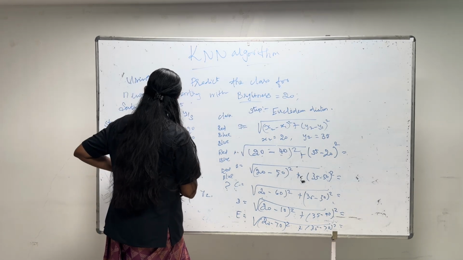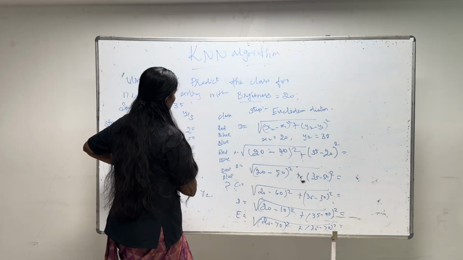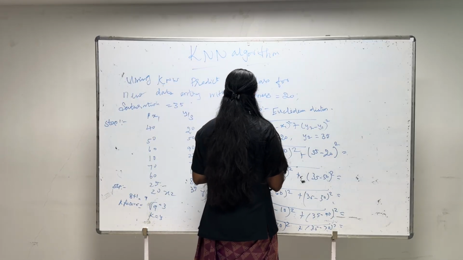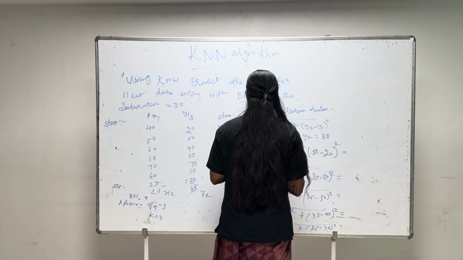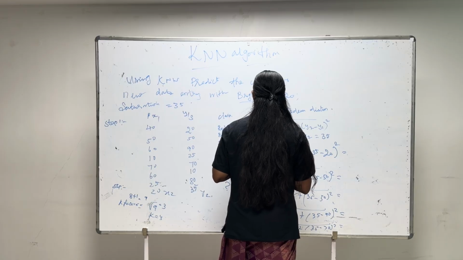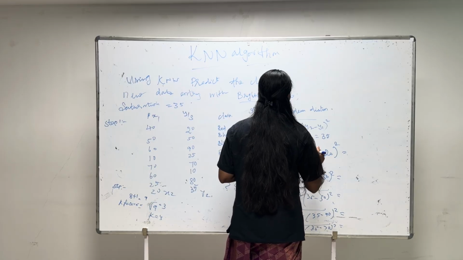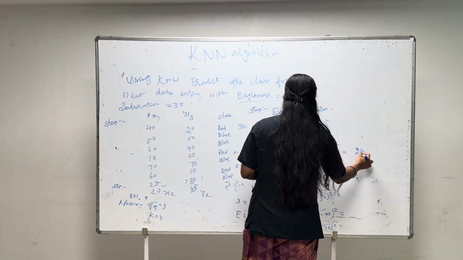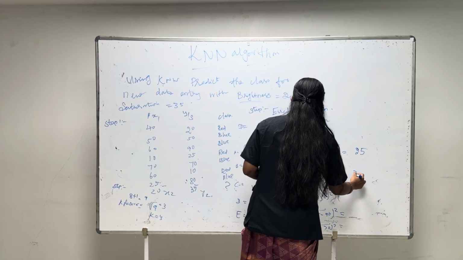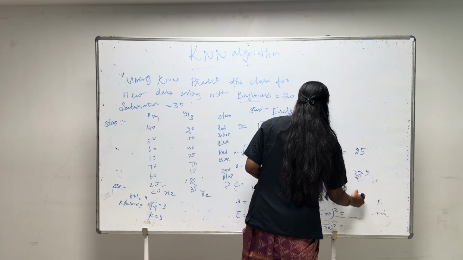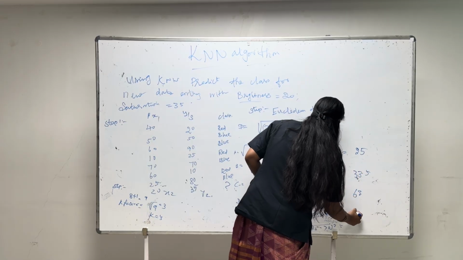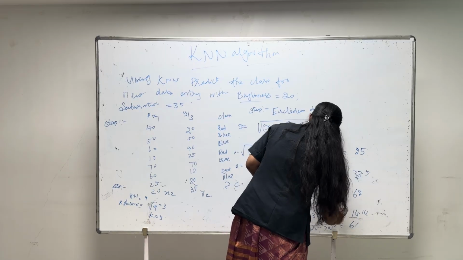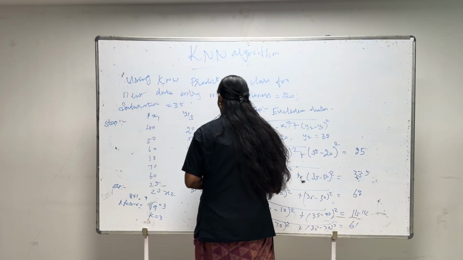Okay. For that, we are going to find the distance values. For here, the value is 25, 33.5, 68, 14.14, then 61, 47.